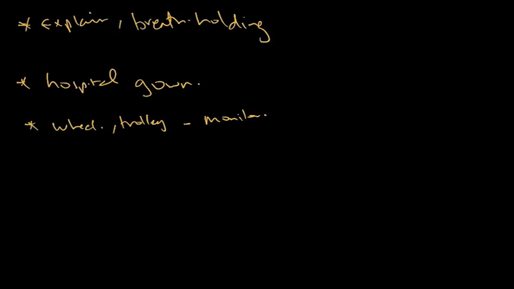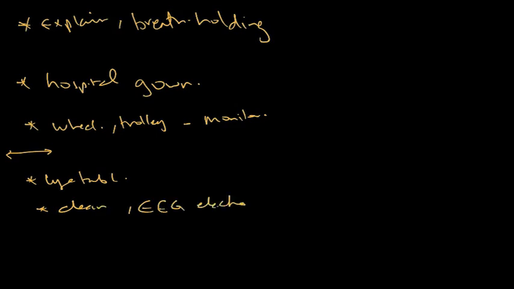After this, now you are in the scanner room. The patient will lie on the table. You will clean the chest using special gel, and you will attach your MRI compatible ECG electrodes. Check your ECG signal and make sure you are happy with this.